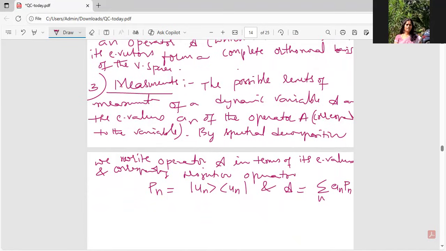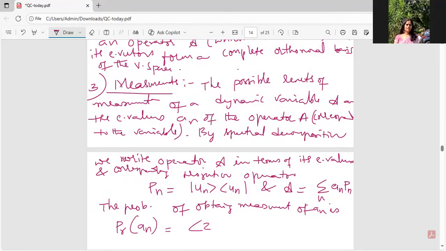Now, once I have done this, the probability also I can calculate. The probability of obtaining measurement of An is probability of An. How do I write it? Just see here, guys. Pn. This I will write.